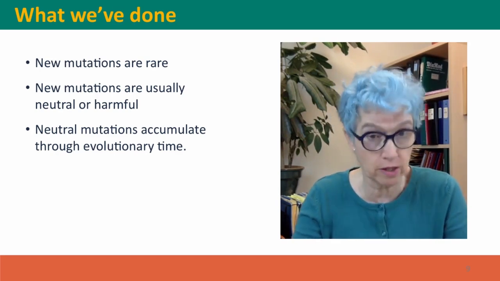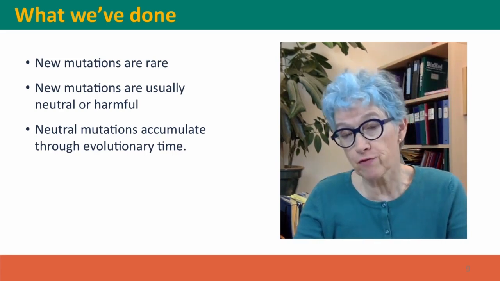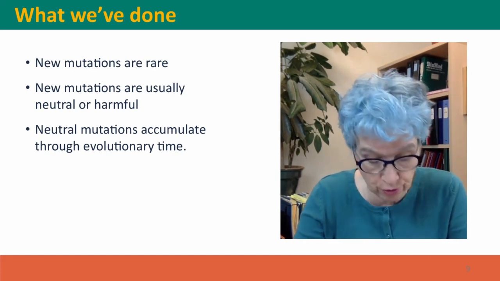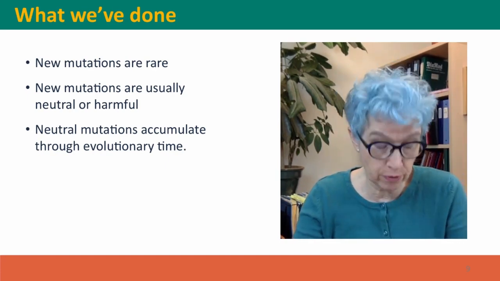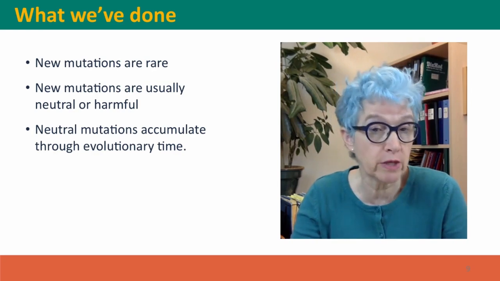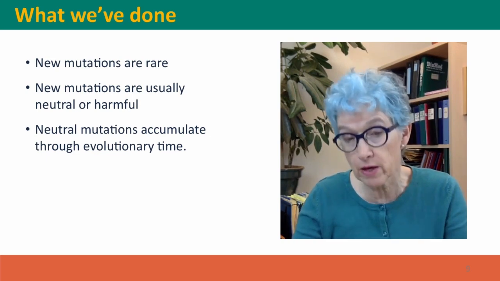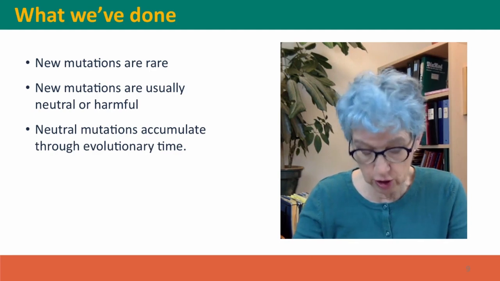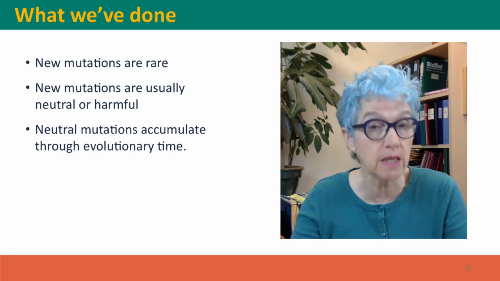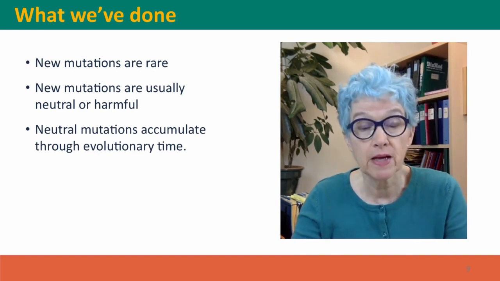The harmful ones tend to be eliminated by natural selection, more slowly if they're masked by the presence of a good copy of a gene, which is something we'll talk about in Module 3. Neutral mutations in particular accumulate over evolutionary time, and it's these neutral mutations that are largely responsible for the many DNA sequence differences that we find between different people. And then a small subset of these neutral mutations that cause phenotypic differences are responsible for the phenotypic differences that we see between different people.